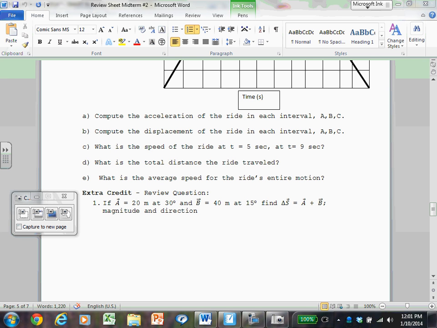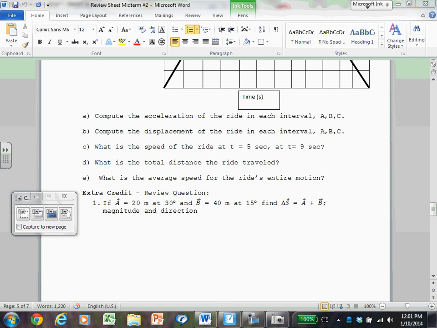Say I ran an average speed of 5 meters per second down the hall, and then I ran an average speed of 10 meters per second all the way around the park. The average speed for the entire motion is not 5 plus 10 divided by 2, right? Because how long that distance is matters, and how much time matters.